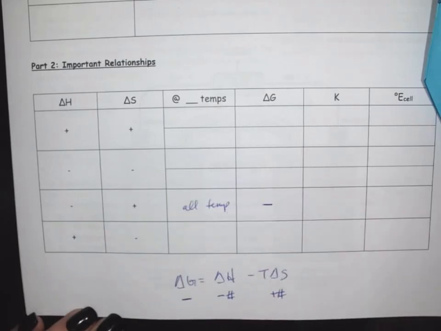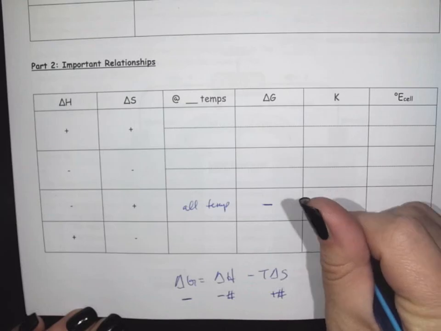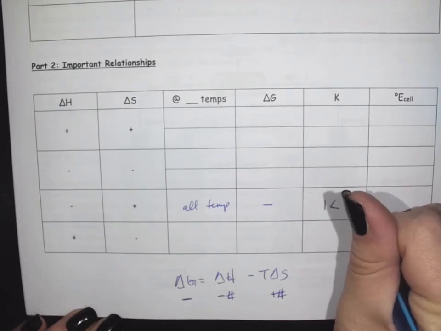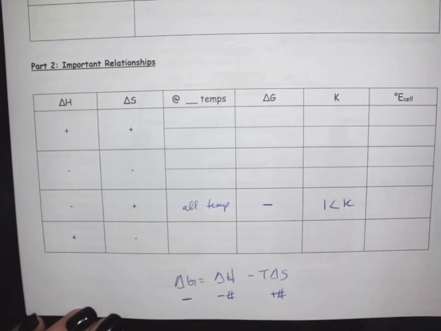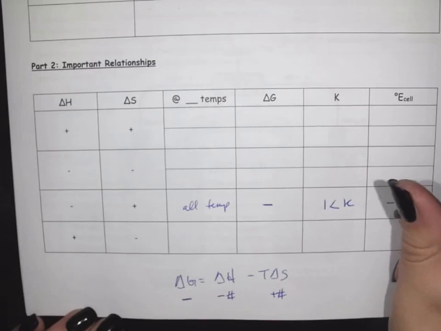This is thermodynamically favorable. Whenever delta G is negative, that means that our K is going to be larger than 1. And if this is a cell, like a galvanic cell, a battery, or a voltaic cell, that would give you a positive voltage.